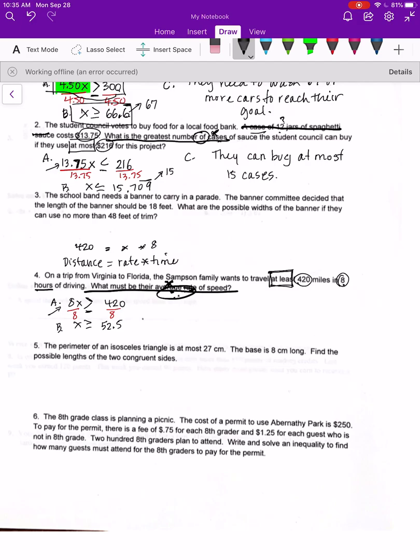There's my B. And C would be they need to travel. Now, this says x is bigger. So this is where it is equal to. That's this part. Now I need to talk about this x being bigger. So they need to travel at least 52.5 miles per hour to reach their goal.